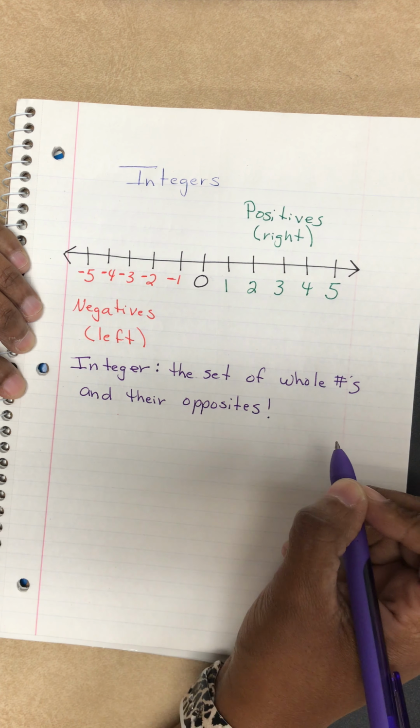So let's talk about whole numbers. Zero, 1, 2, 3, 4. So the opposites would be what?